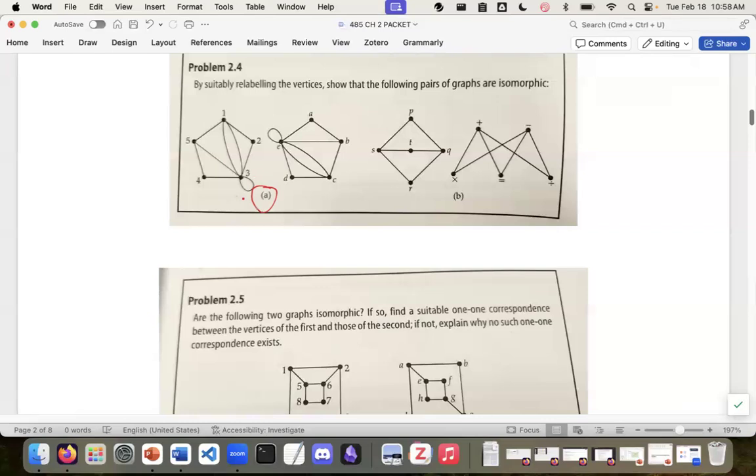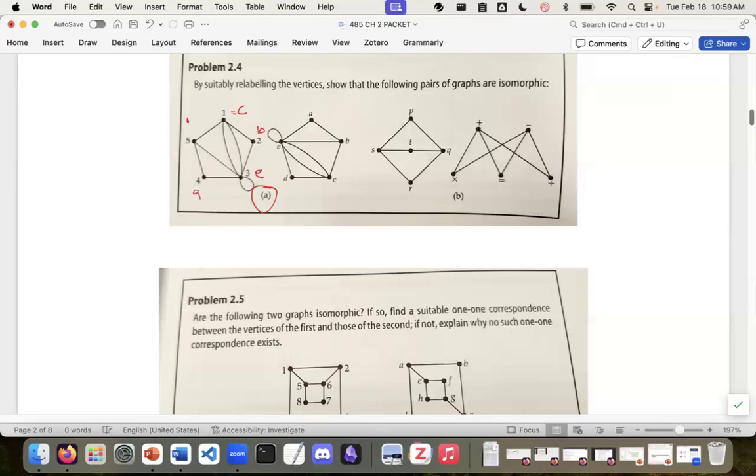Can I get a volunteer? Sure. So 1 is B, 3 is B, 4 is A, and 5 is C.